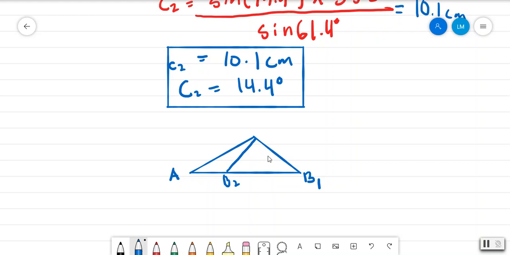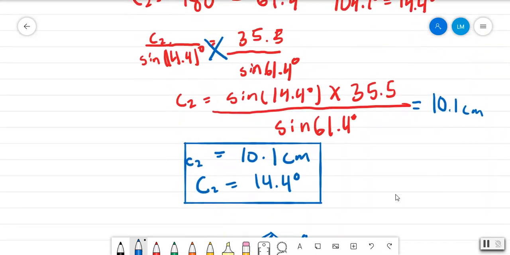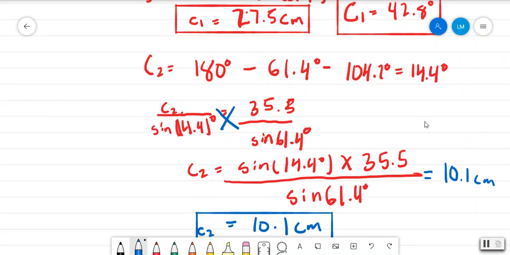So we'll just put that that's A. So in actuality, this is going to be side A, and then this is going to be our A if it gets shifted. In any case, it's going to be really difficult to draw the C2. But for example, the 10.1 goes there, but then the whole base, for instance, is C1, which was 27.5 centimeters.